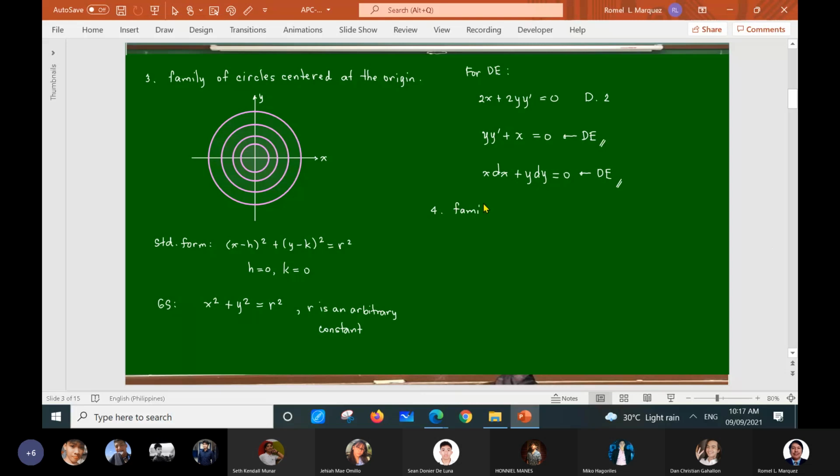Number 4: family of circles passing through 0, 0, meaning passing through the origin, and centered on the line y equals negative x.